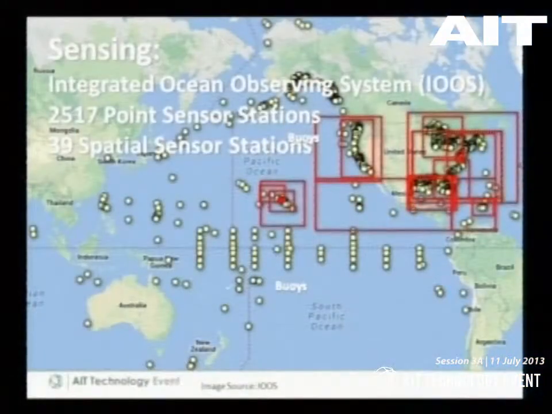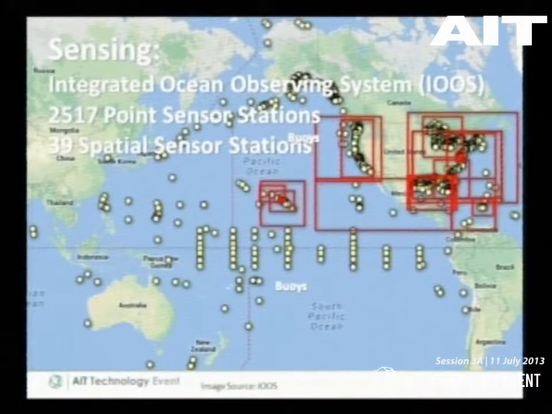This is the network of data aggregators. These are data stations. Each point is either a buoy or a platform that is actually collecting data from a range of sensors and then serving that data back to the rest of the network. So there you can see across the United States, the U.S.'s Integrated Ocean Observing System is collecting data from over 2,500 different stations, pulling that data together.